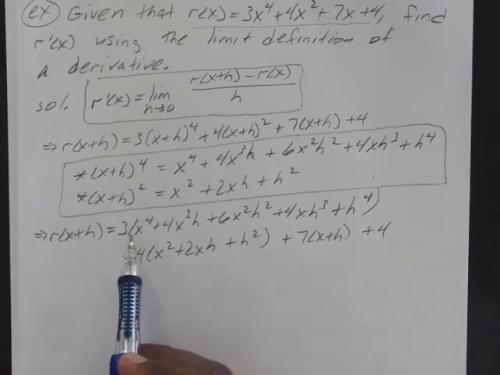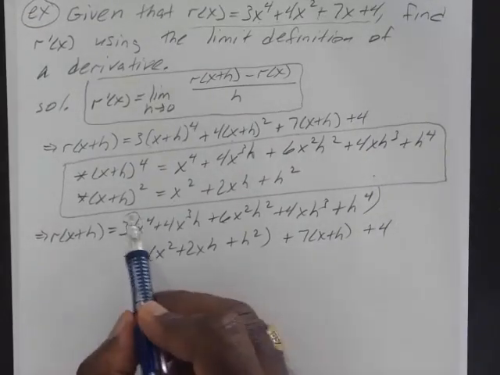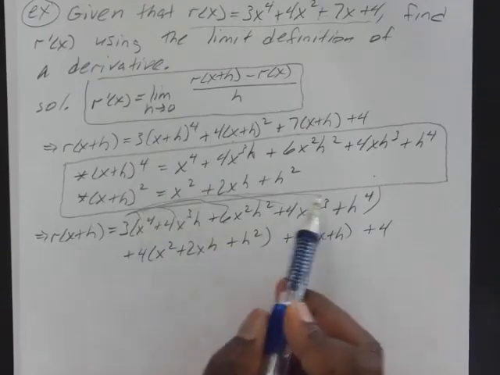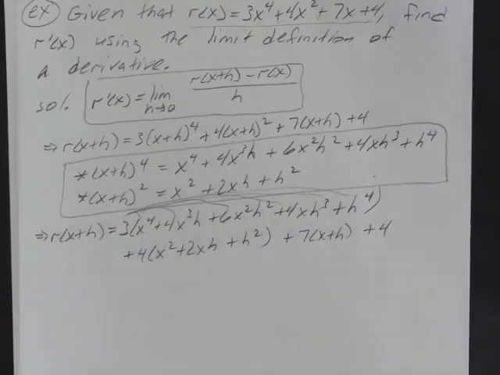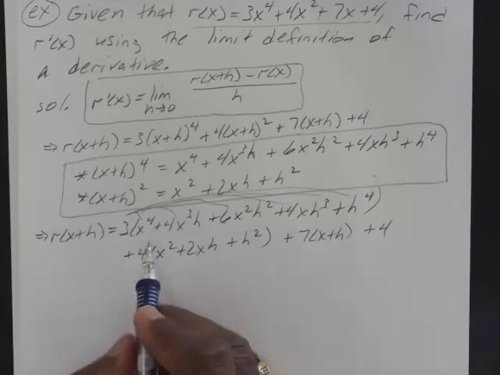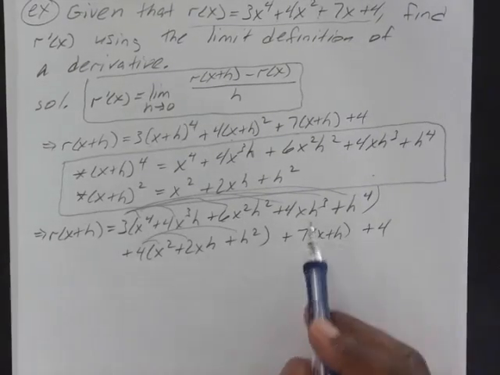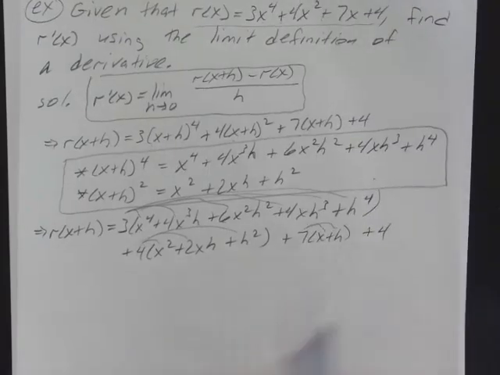Okay, so now we have to get rid of the parentheses. So here we're going to distribute that 3 to each of those terms. And here we're going to distribute that 4 to each of these terms. And we're going to distribute the 7 to those two terms.